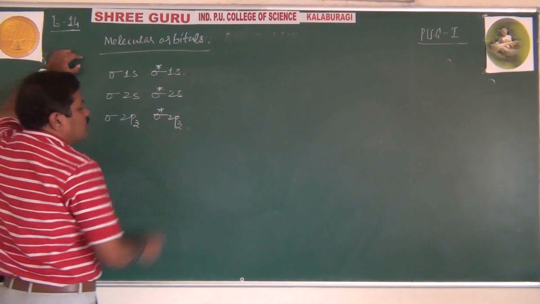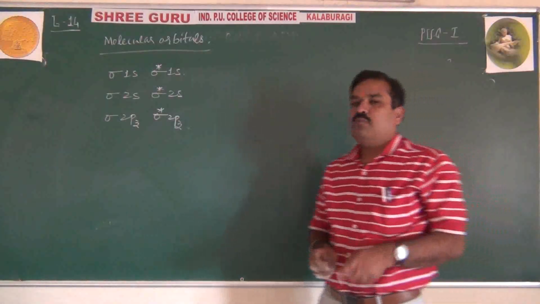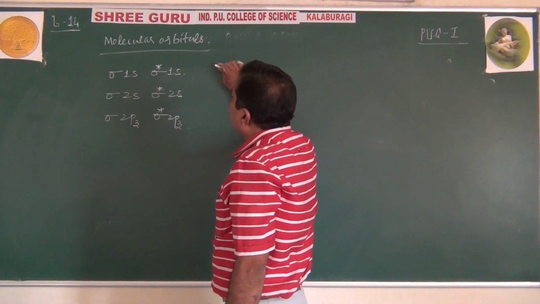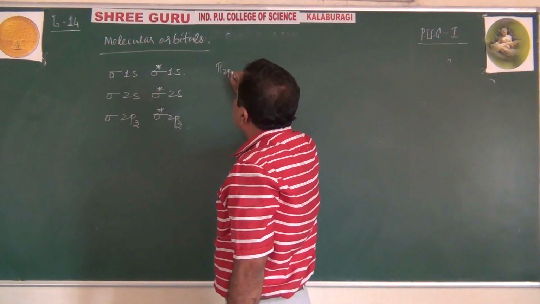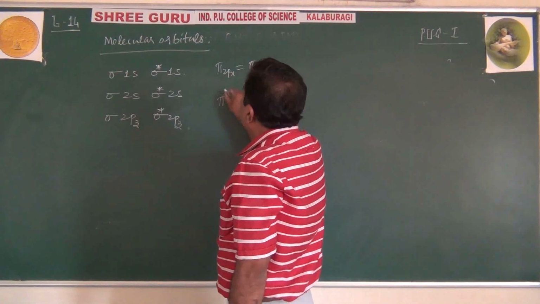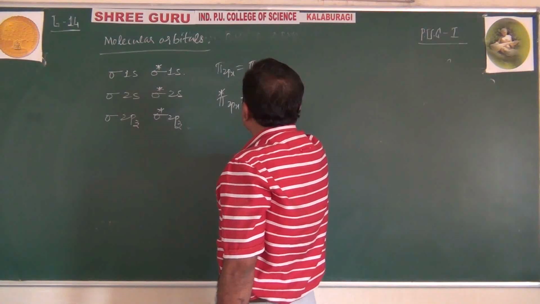Remember, the pz orbital can form only sigma, not pi. And on this side, pi 2px, pi 2py, and pi star 2px, pi star 2py.